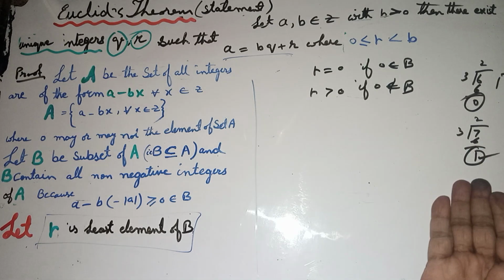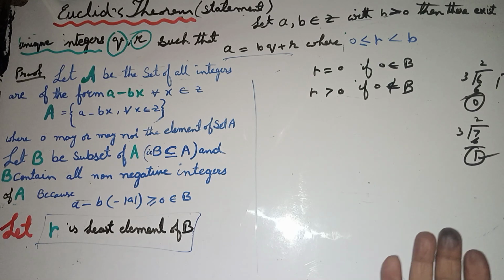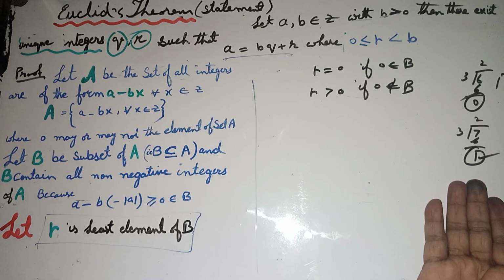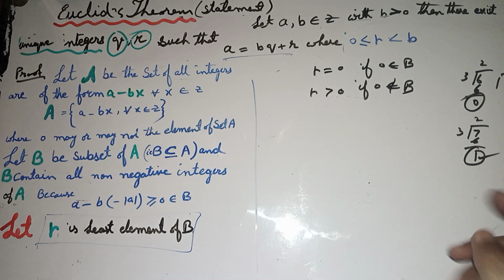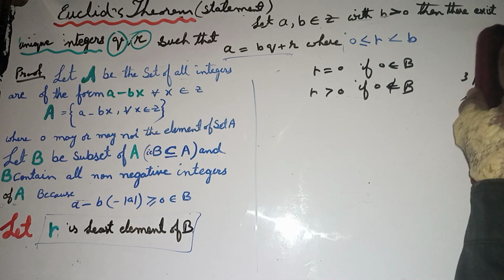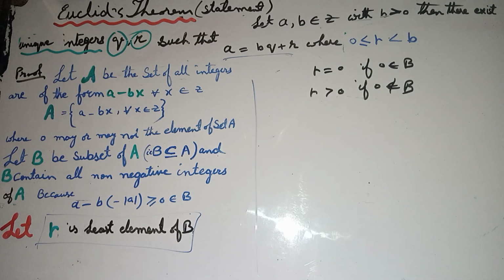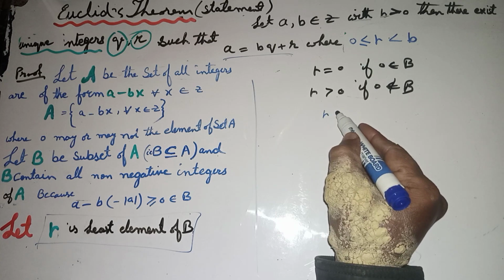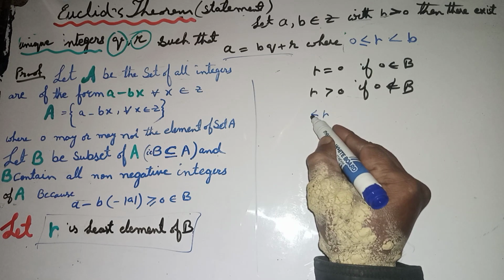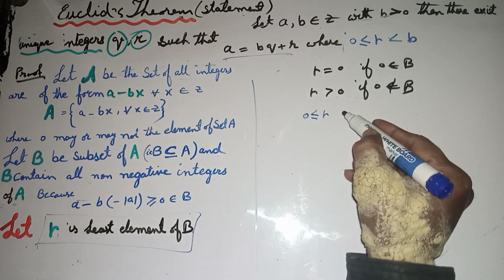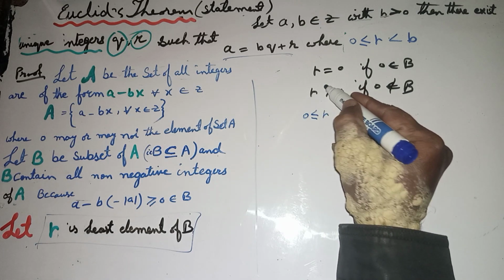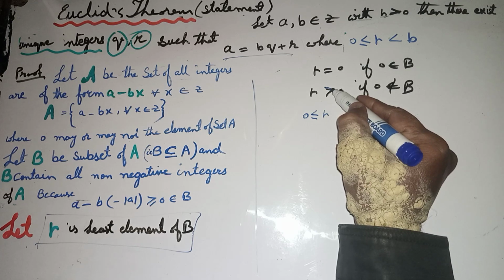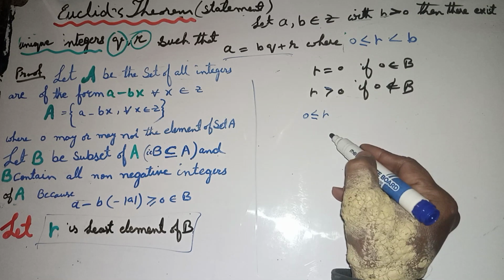It may be 2, 3, or 4. It depends upon the values of divisor and dividend. Now we can join these two and write here that R is greater than or equal to 0. Remember, this open side is the greater side and this corner is the less side.